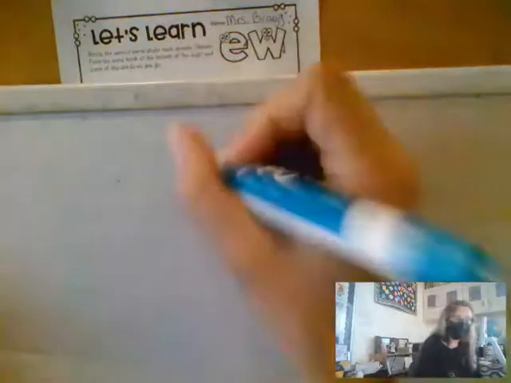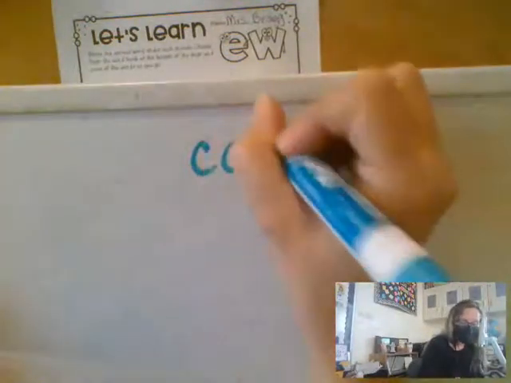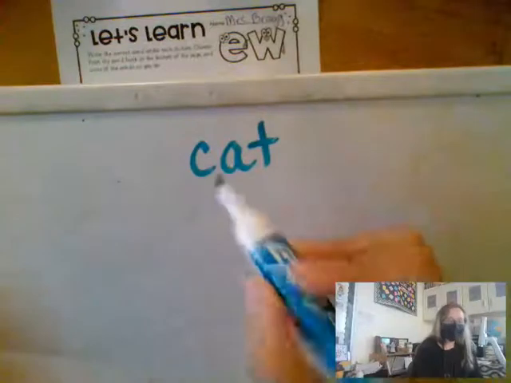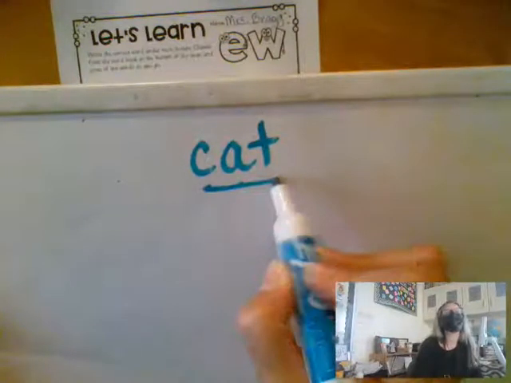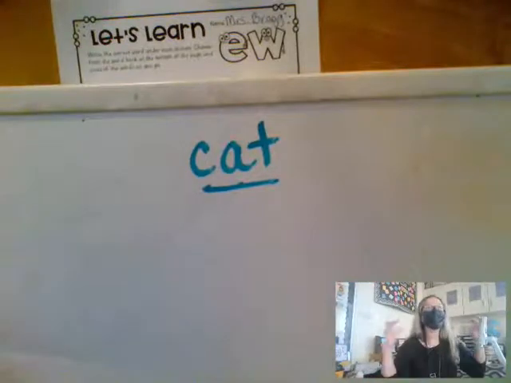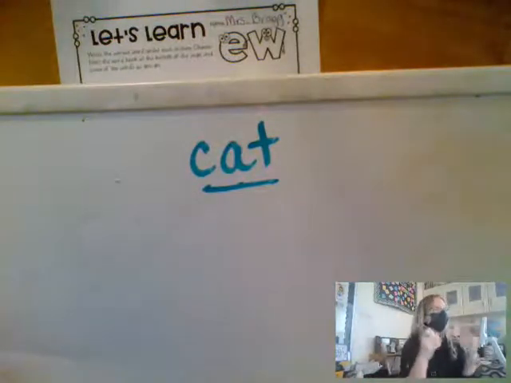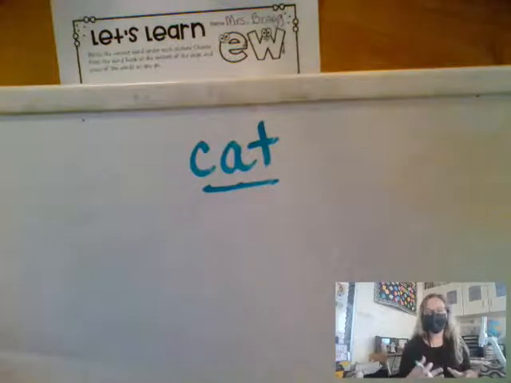We know that every letter makes a sound. And we know that if we had a word like C-A-T, we could sound that out. K-at, cat. Okay, but sometimes we put a few letters together to change the sound.